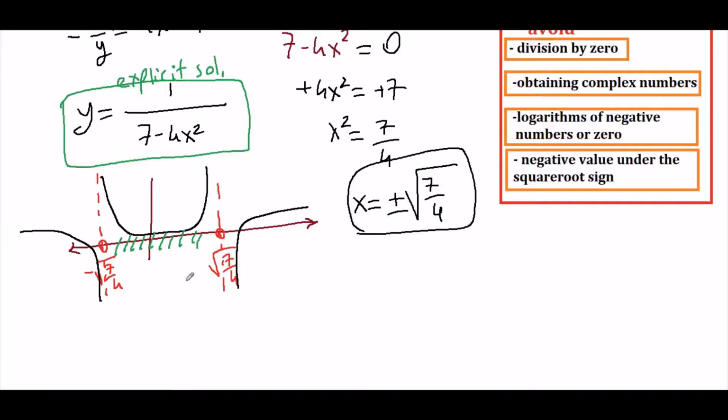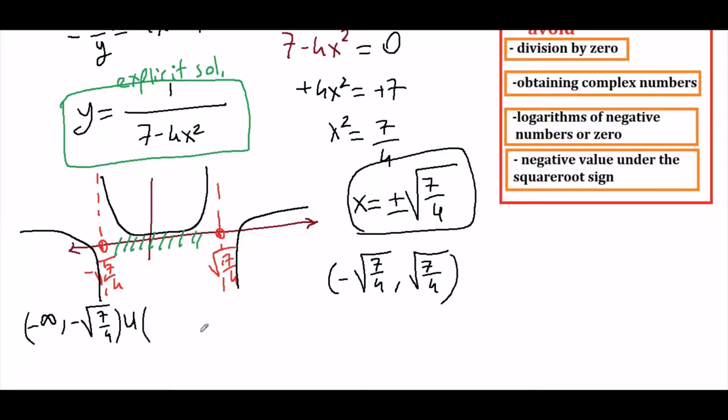Our interval of validity is between negative and positive square root of 7/4. The whole domain is negative infinity up to negative square root of 7/4 as the first zone, union the interval negative square root of 7/4 comma positive square root of 7/4, union square root of 7/4 comma positive infinity.